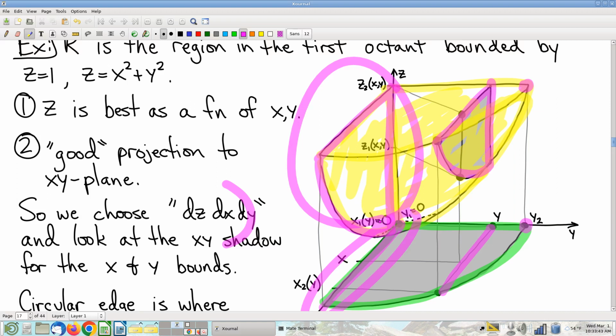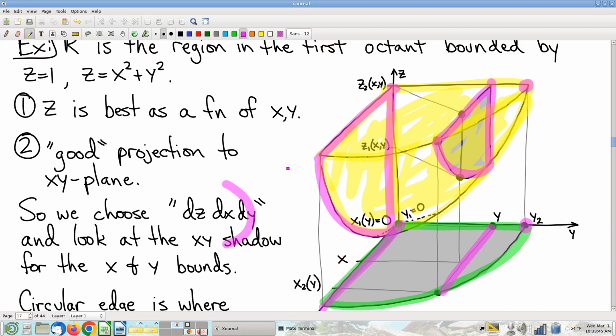And likewise, this has the same y coordinate as that. It's straight down from it. So I don't need to worry about what's the value of y there and what's the value of y there. I can instead ask the much easier question, what's the value of y there and what's the value of y there? It's just easier to do business on the shadow. Is everybody with me? Questions? Feel free. Everybody's good?